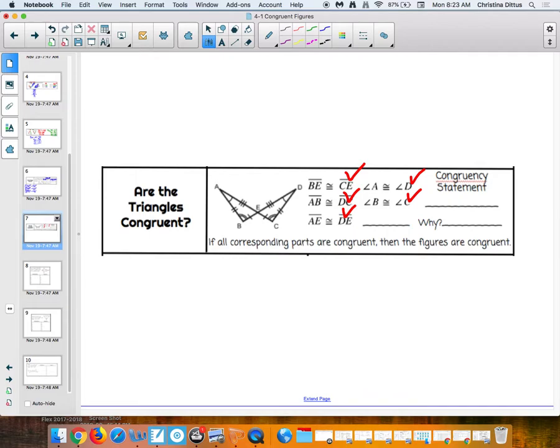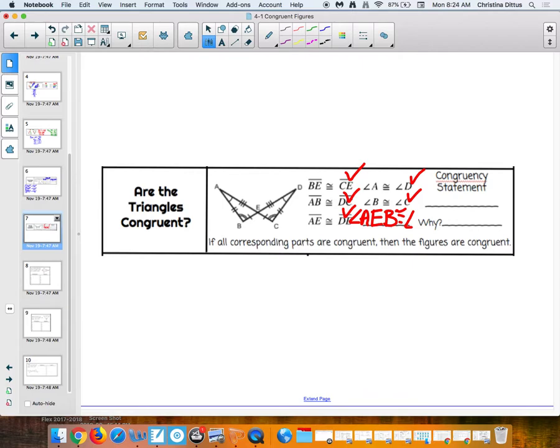What's my last angle? E. They're vertical, so they have to be the same? Yeah. So let's go. Angle AEB is congruent to, I'm totally out of room. If I say AEB, what matches that?